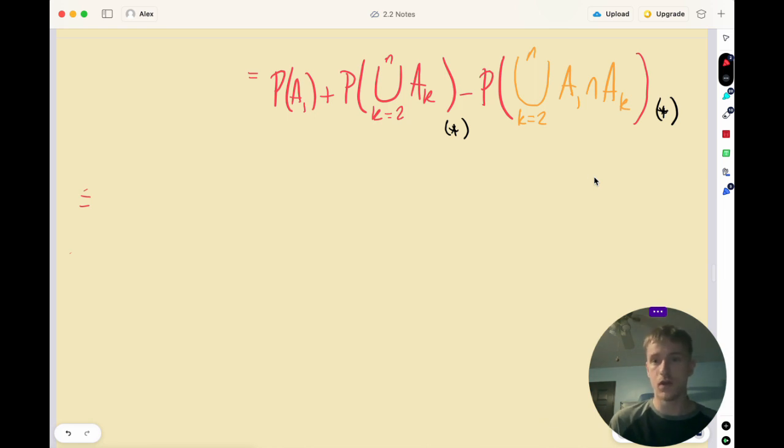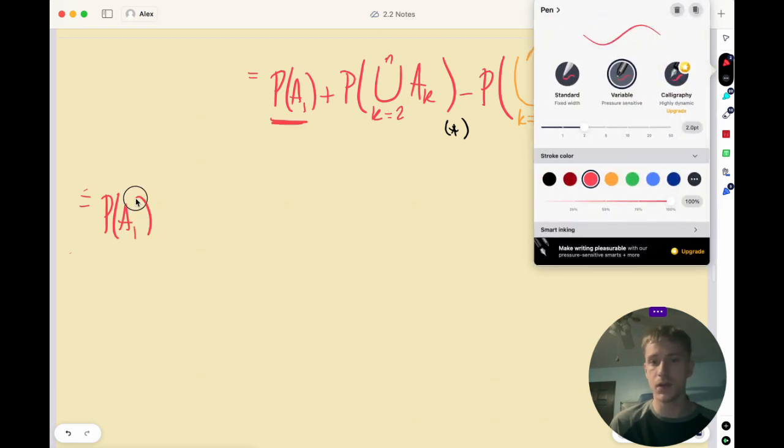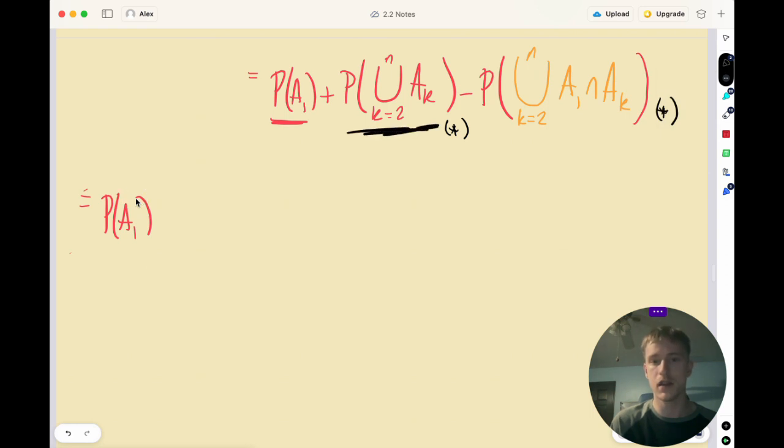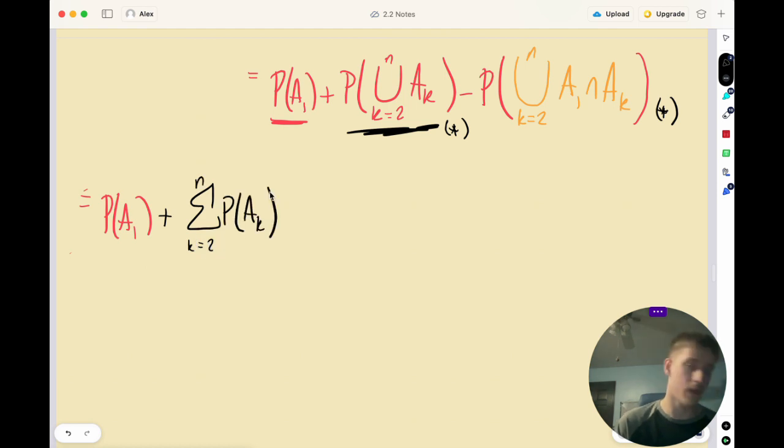Okay, so we're going to have the probability of A1. That checks out. As for this term, I'm going to go ahead and underline this in black. What is that going to equal? Well, it's going to equal the sum from k equals 2 to n of the probability of A sub k, minus, and then we have, of course, the double intersection, where k and l are going to be between 2 and n.